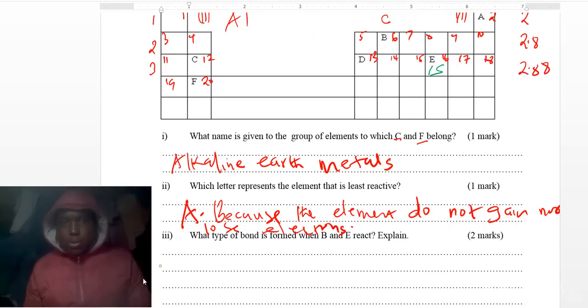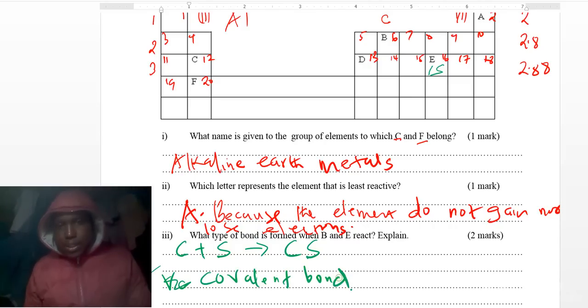So it is a reaction between carbon plus sulfur. Both of them are nonmetals, so it's going to form CS. So what bond is between them? Both of them are nonmetals, therefore they are going to form a covalent bond.